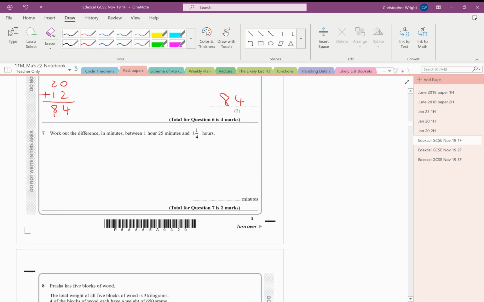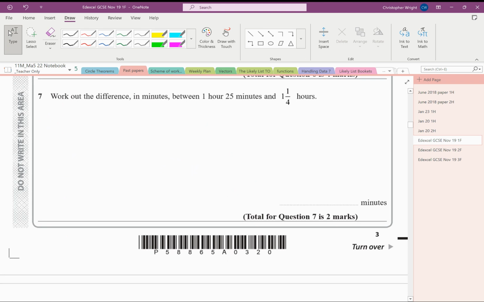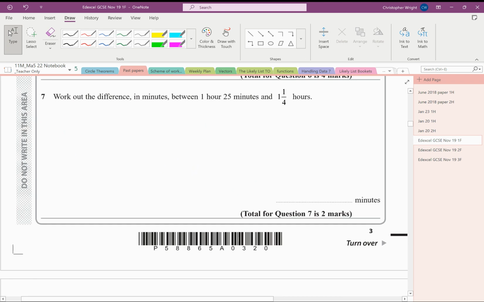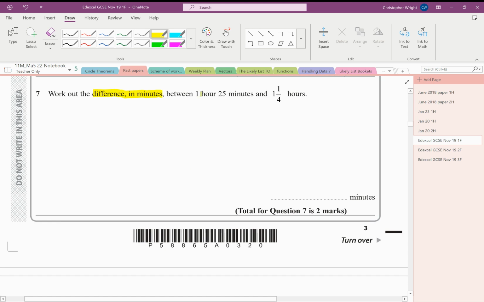Number 7. Work out the difference in minutes between 1 hour 25 and 1 1/4 hours. Well, let's do 1 hour 25 is 60 minutes plus another 25 minutes. So that makes 85 minutes.